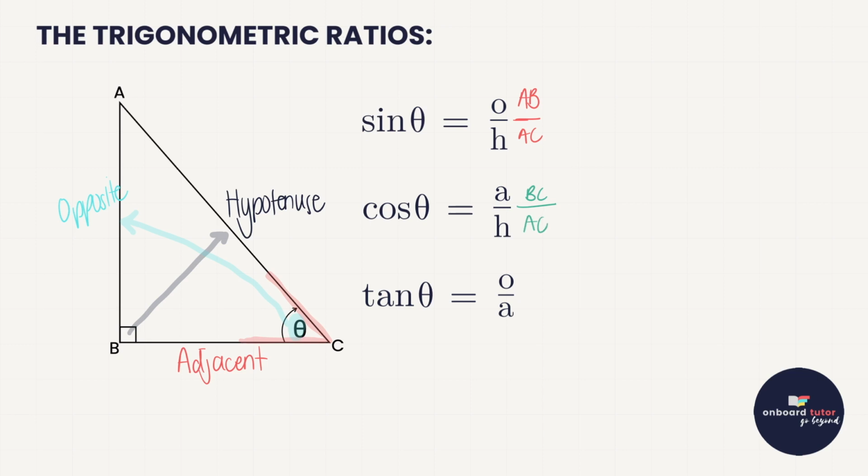And then finally, tan is always the opposite side, AB, over the adjacent side, BC. So there we have our three main trig ratios. And you can see, simply by labeling the sides in your triangle, you can actually express them as side lengths of a triangle. Okay, it's important that you remember these letters.